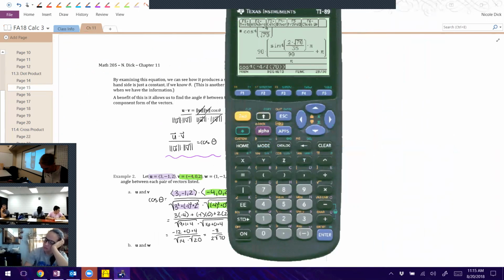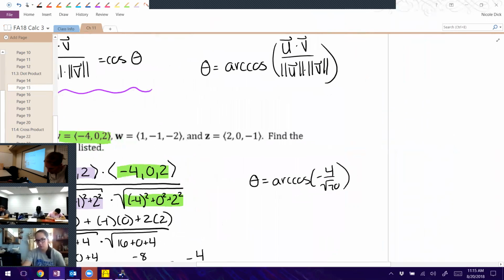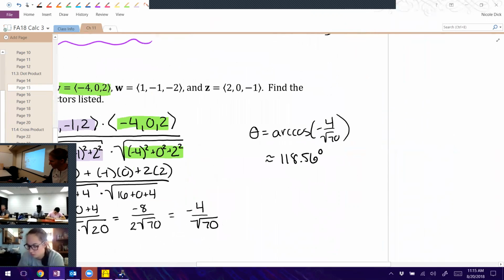There's the exact answer, which is horribly ugly. I don't want that. I want this approximate answer. So the approximate answer is 118.56 degrees. And in radians, I wrote in my notes there, that should be about 2.07 radians.